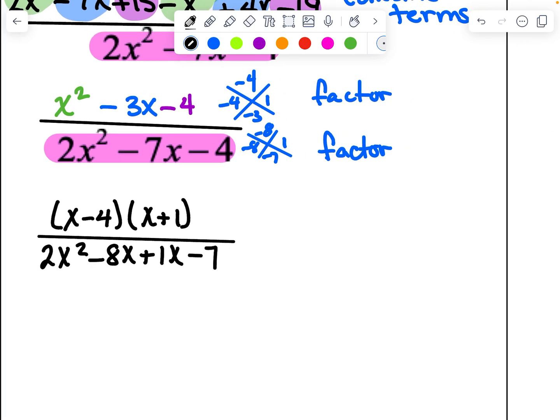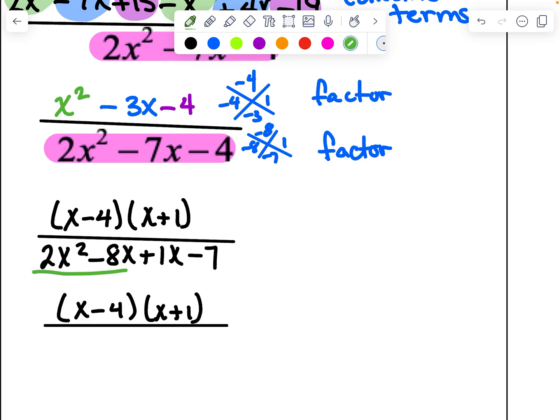Then we are going to have x minus 4, x plus 1, and these two share a 2x, which leaves us x minus 4, and these two share a 1.